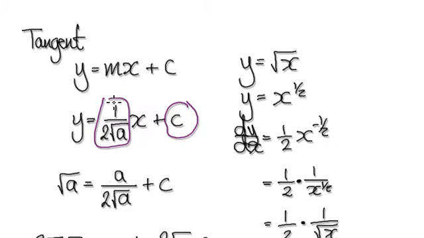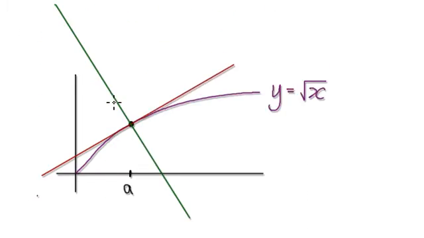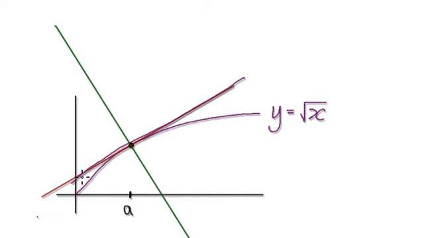We know the gradient. Well, going back to here, anytime you have a straight line, if you know the gradient and you know it passes through one particular point, then you can come up with the equation of that straight line. Well, the location of this particular point will be a, the height will be root a. So the coordinates here will be a, root a.